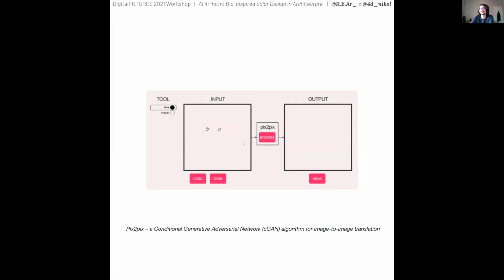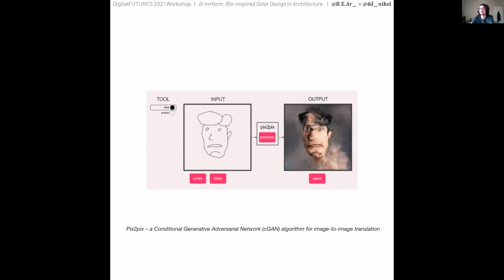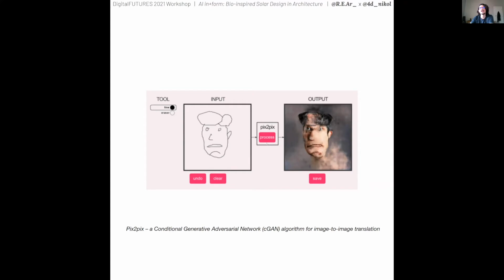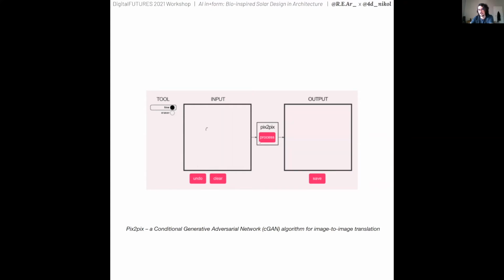And what pix-to-pix does is attempt to translate what you have as an input to a particular output. It is a type of style transfer, in which you're translating one image to another. That's what the algorithm does.